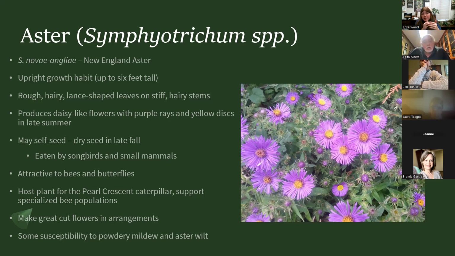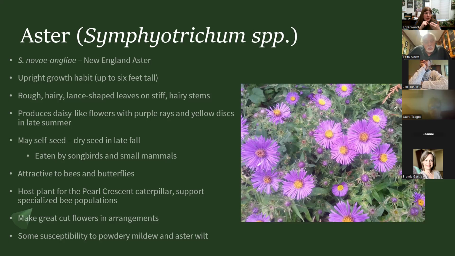Now, with these, as I had mentioned, these produce this akene fruit, and so it produces this dry seed that easily can spread in the fall, or you can collect seeds. A lot of times these seeds are well beloved by our songbird species and even some of our small mammals.